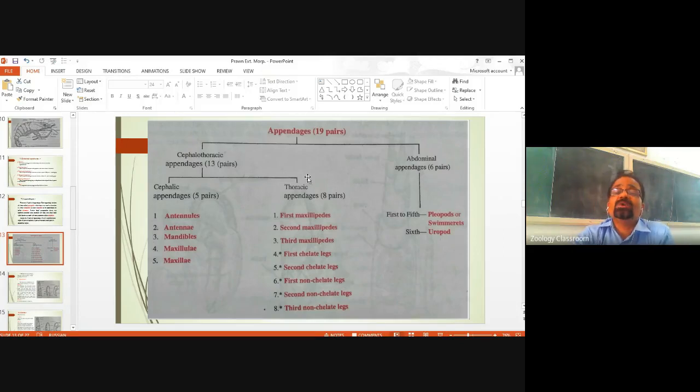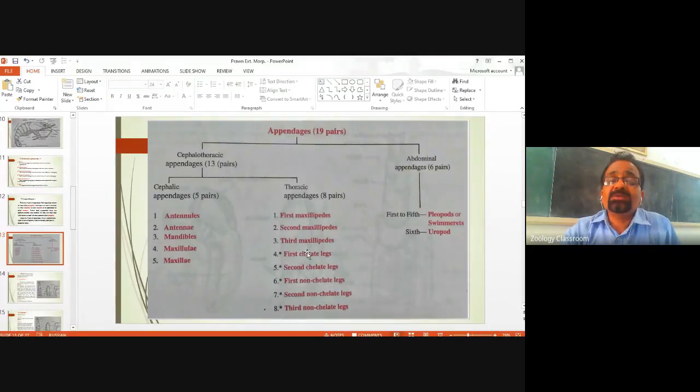And now, what are these 8 pairs in the thoracic region? Actually, 3 of these are the first maxilliped, second maxilliped, and third maxilliped. These are in very immediate contact with the cephalic region, in the vicinity of the cephalic appendages.